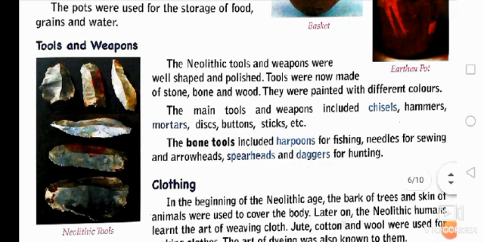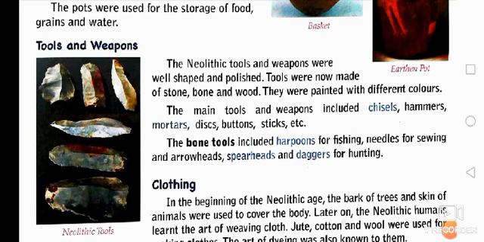The Neolithic tools and weapons were well shaped and polished. Tools were now made of stone, bone, and wood. They were painted with different colors. The main tools and weapons included chisels, hammers, mortars, discs, buttons, sticks, etc.